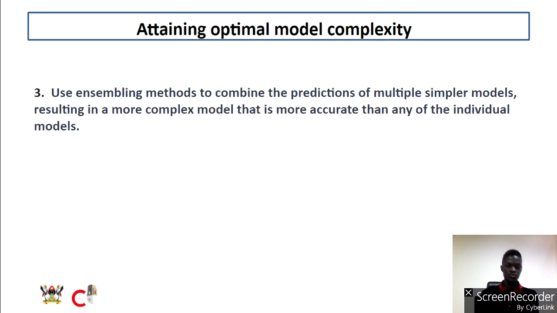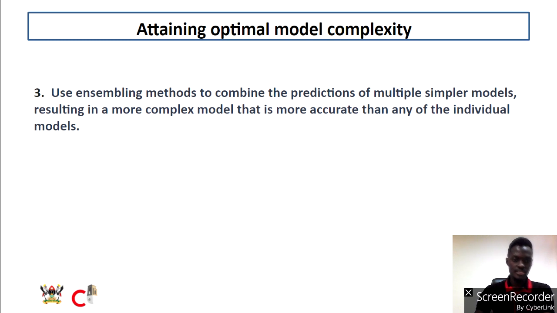Then the other way is to use ensemble methods to combine the predictions of multiple simple models, resulting in a more complex model that is more accurate than individual models. The principle of ensemble methods is training multiple learners for the same problem and then combining them for prediction.